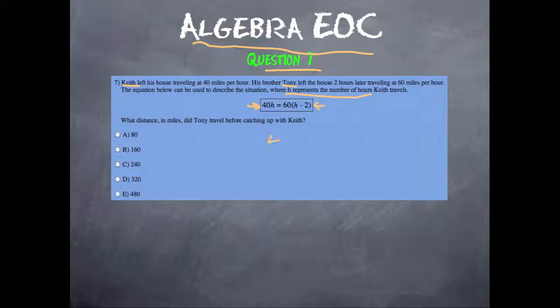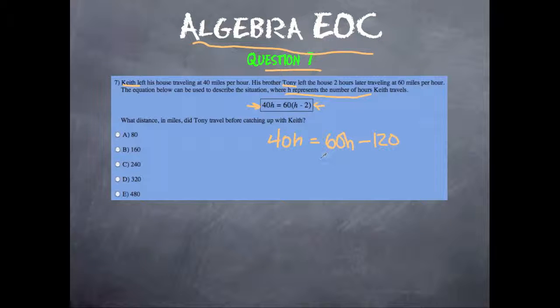So first we'll solve for h. 40h is equal to, so we're going to distribute the 60 across the h and the negative 2, and that gives us 60h minus 120.